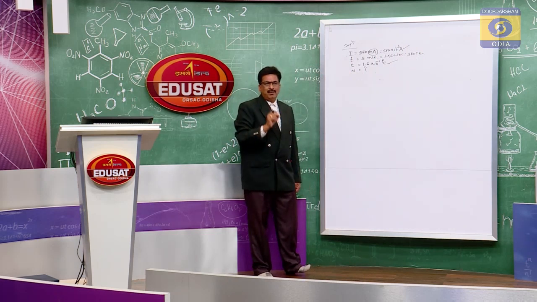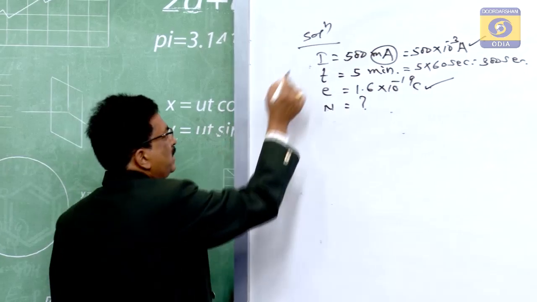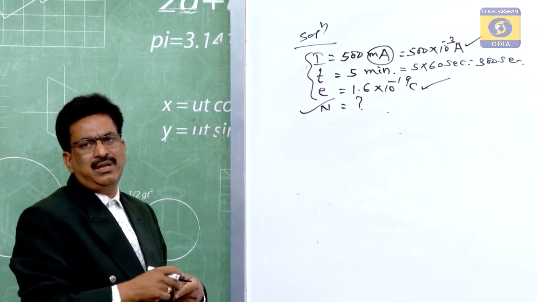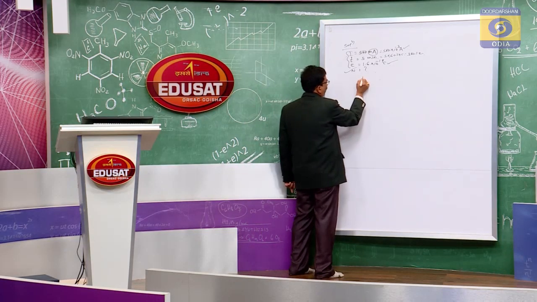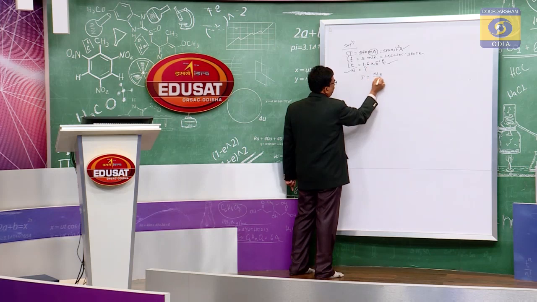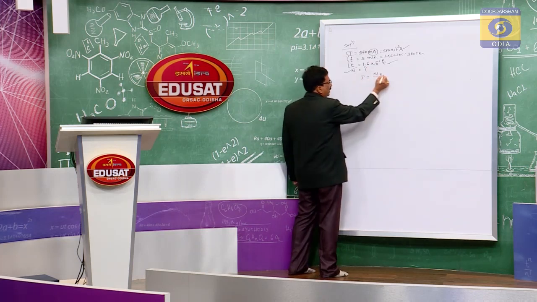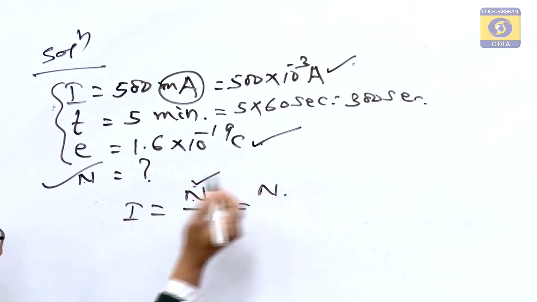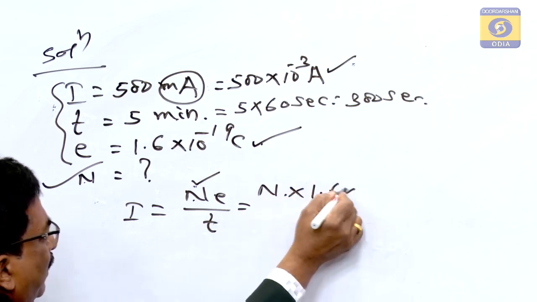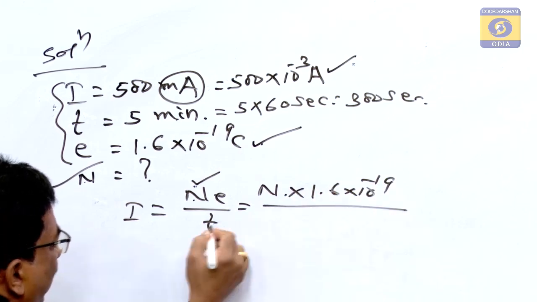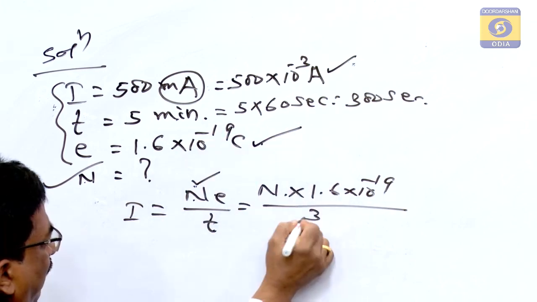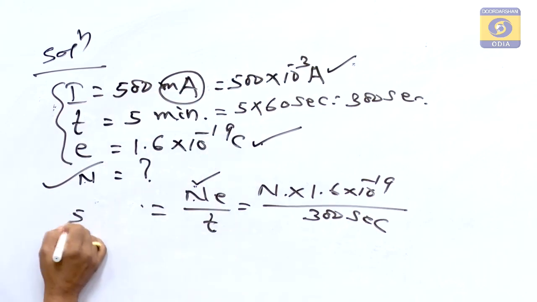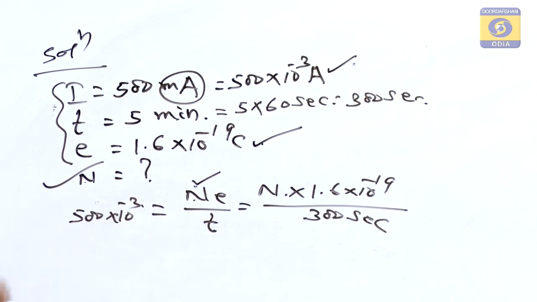The fifth step is put in the formula, get the answer. So these are the given, this is the asking, and what is the formula as we discussed? That formula we have written: I is equal to NE by T. N is the number, that number is the asking, so N will remain N. E is the charge of electron, 1.6 into 10 to the power minus 19, T is the time, given here 300 second, and I is given here 500 into 10 to the power of minus 3.